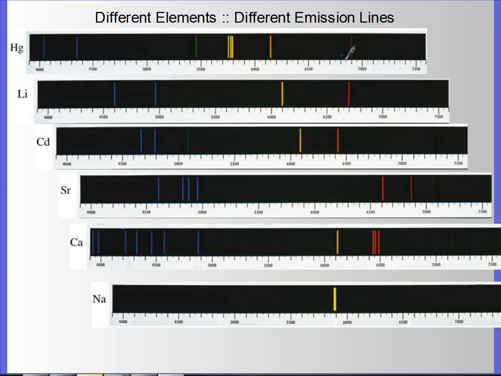We often get what's called emission lines. So mercury will always have an emission line that looks like this. Calcium will always have an emission line that looks like this, while sodium always gives us this bright yellow line right here. Different elements give us different emission lines, and all of this is based on our energy diagrams.